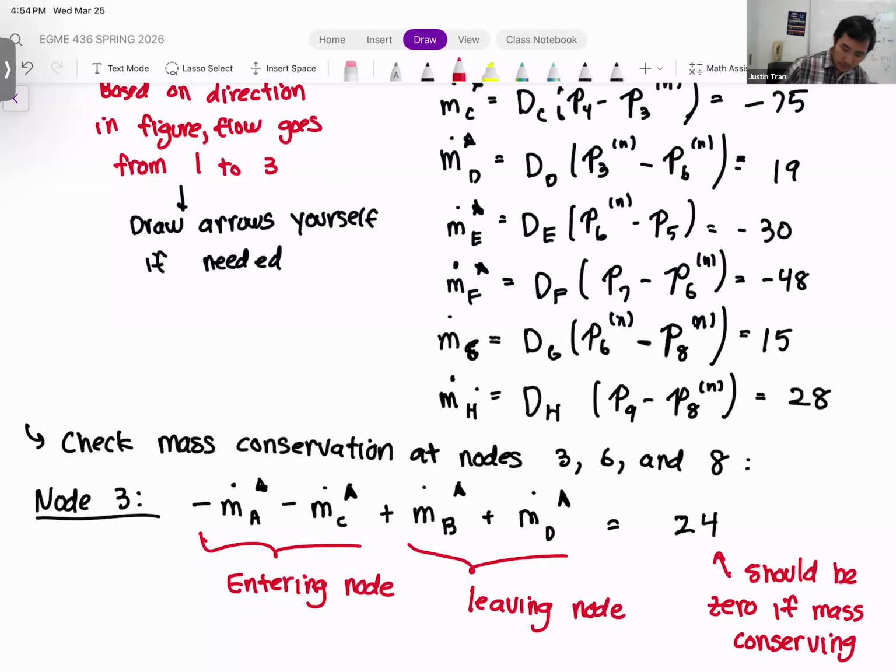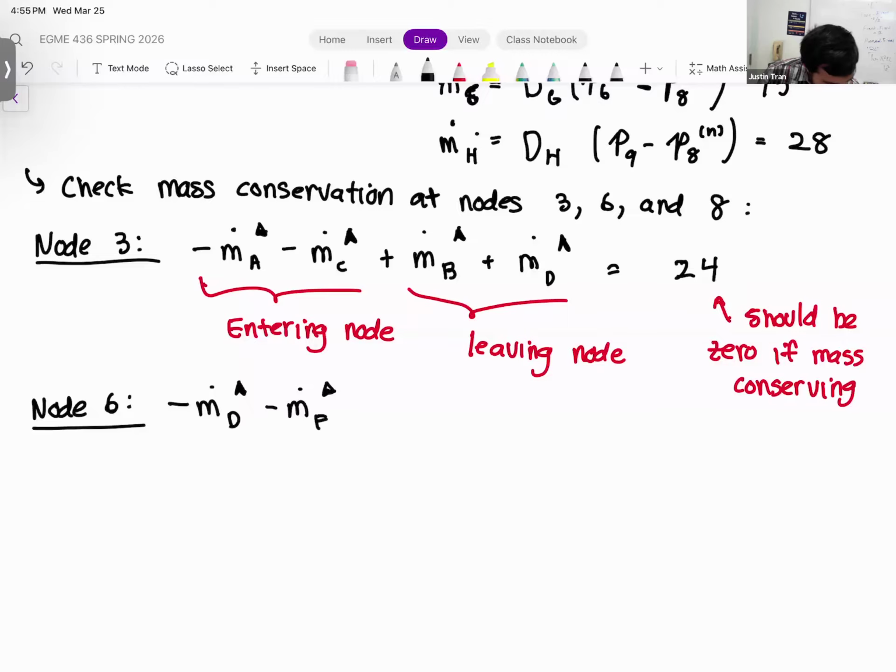Okay, so let's do the same thing for the other nodes. So we're going to have node 6. For node 6, we have minus m dot D star minus m dot F star plus m dot E star plus m dot G star.